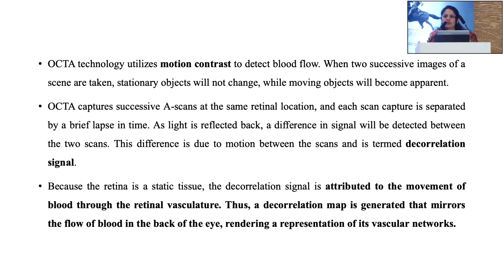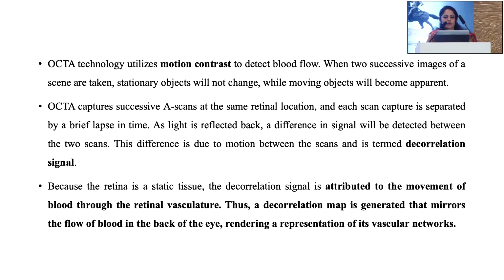The retina per se is a static tissue, but what is moving is the red blood cells in the retinal vessels. So if we take multiple A scans at a single point, the static things will not change, but what will become apparent is the things that are moving, the red blood cells.